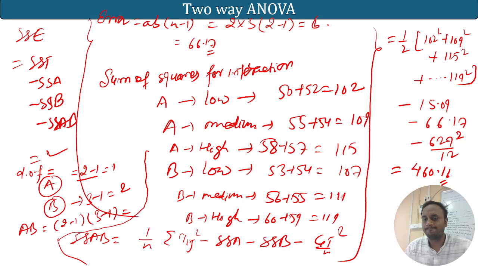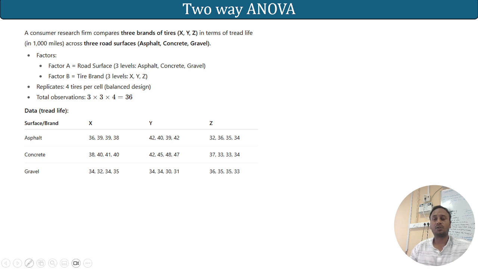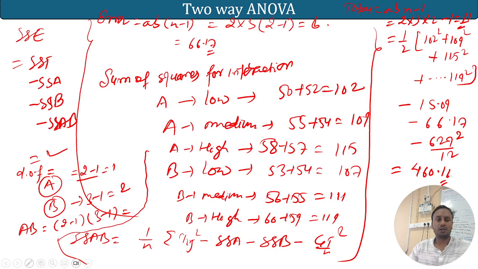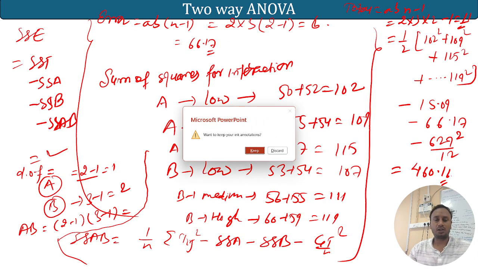Okay, okay. Yeah. Then we'll have the total, which is abn minus 1. 2 into 3 into 2 minus 1, it becomes 11. So can we make the ANOVA table? I'll take one page.